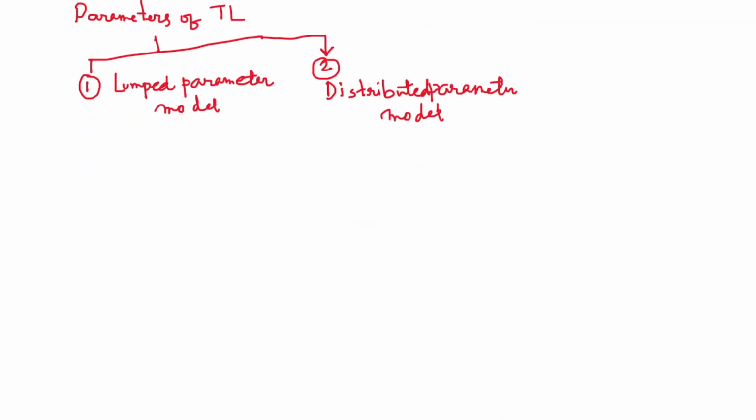It is observed that when the length of the transmission line is relatively short, typically in the order of 100 kilometers, then to analyze the transmission line, all the parameters are assumed to be lumped at one point.